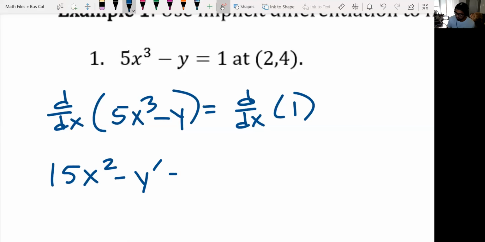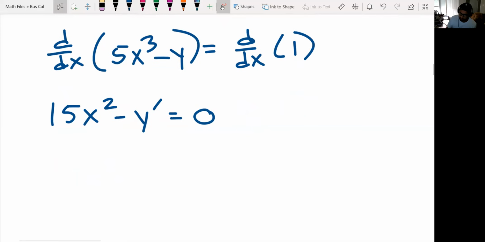And the derivative of 1 is 0. Now, all we have to do here is solve for y prime. Just add it over, and we are good. We get y prime equals 15x squared.